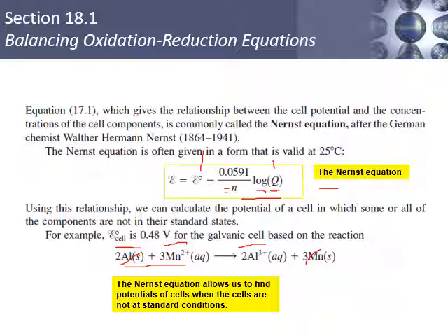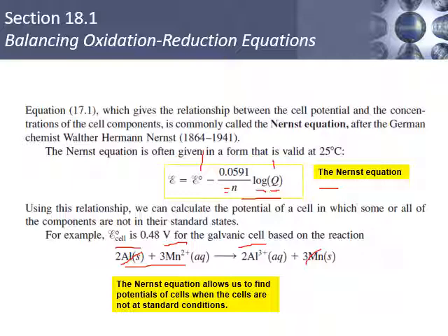Just as an example, as I said earlier, if one of the half reactions is giving up 2 electrons and the other one's gaining only 1, then you want to multiply the one that's gaining 1 by 2 to get it to 2, so your n would be 2. Where would you get 6? Well, if one of them's giving up 3 and the other one's gaining 2, the only way that you can match those is to multiply the 2 by 3 and the 3 by 2, and that gives 6, so n would be 6 for that one.